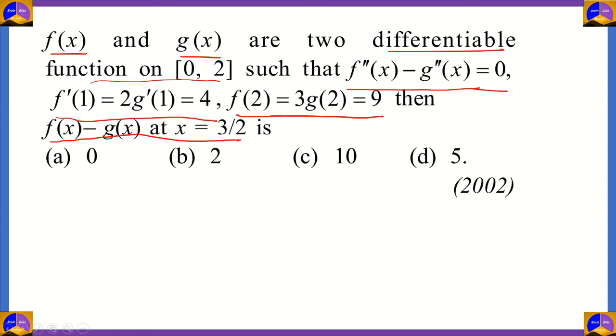Then you need to find the value of f of x minus g of x at x equals 3 by 2. This is a question asked in 2002, and in this question we need to first concentrate on the initial equation f double dash x minus g double dash x equals 0. So second derivative of f of x minus second derivative of g of x equals 0.